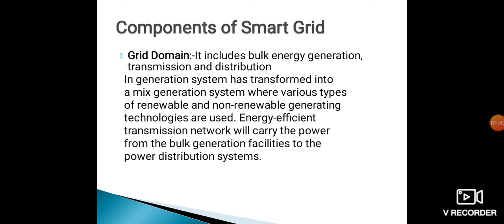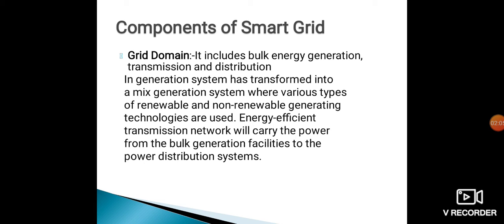So first, grid domain. Grid domain includes bulk energy generation, transmission and distribution. A grid is formed from generating station to the transmission line and then to the distributed network.